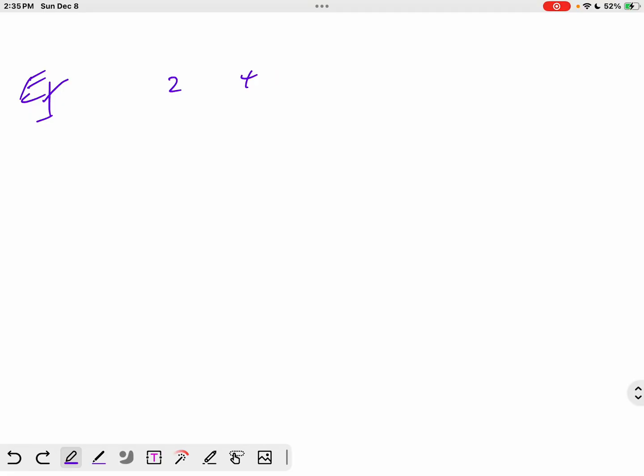It says 2, 4, 6. This is number 29 from your textbook. So what did he mention here? This is 1 row and 3 columns. This is A. The B is, let me see here.